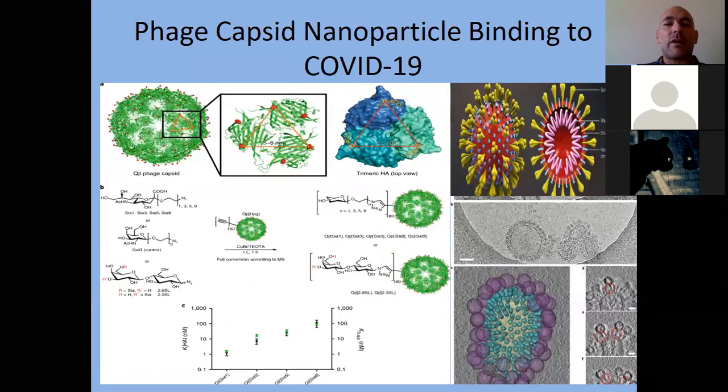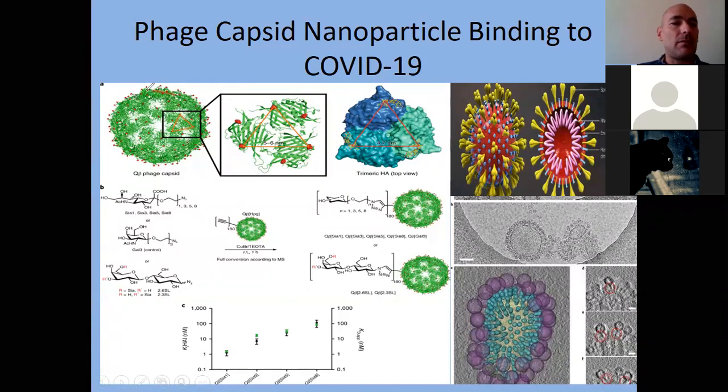So here's another strategy, right? This drug chloroquine, as I told you, prevents the virus from entering the cell. In this case, they have demonstrated that they can use a nanoparticle made of a protein, and this is called a phage capsid.